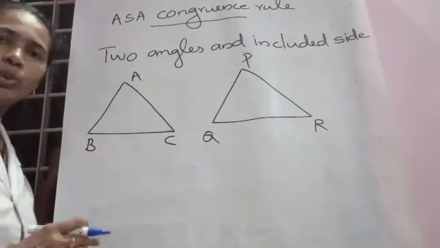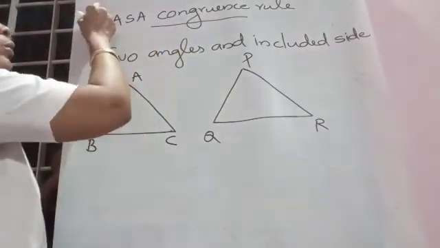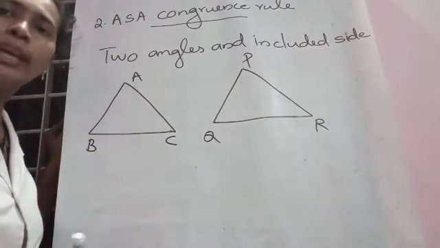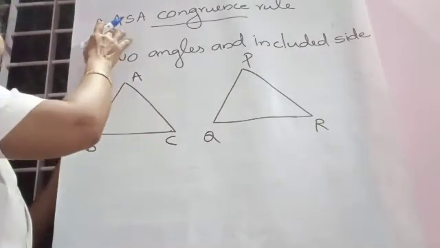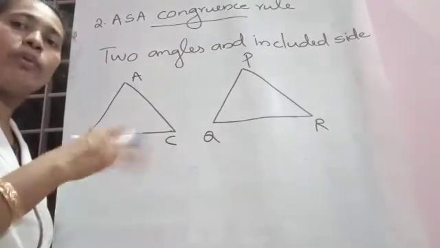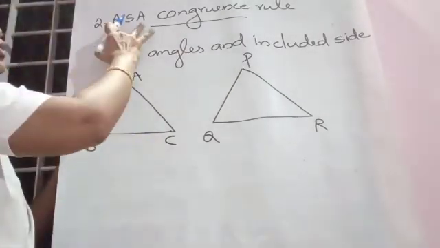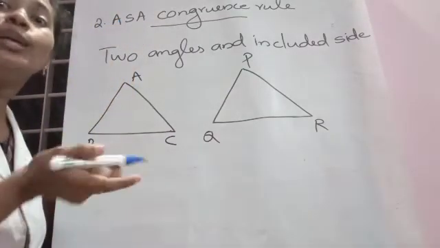Teacher is moving to our second congruence rule, that is ASA congruence rule. ASA congruence rule. Teacher already told you A represents angle, S represents side. So how do you describe the same? Two angles and any side? No, included side.